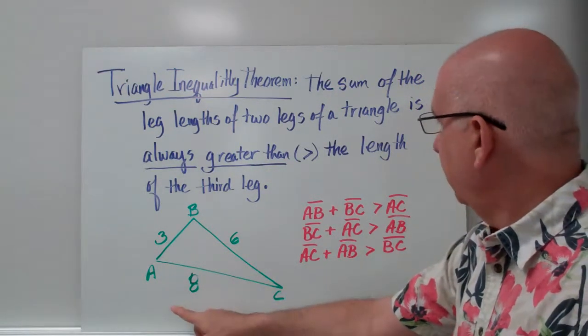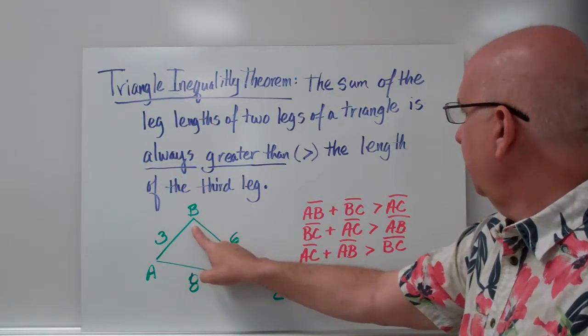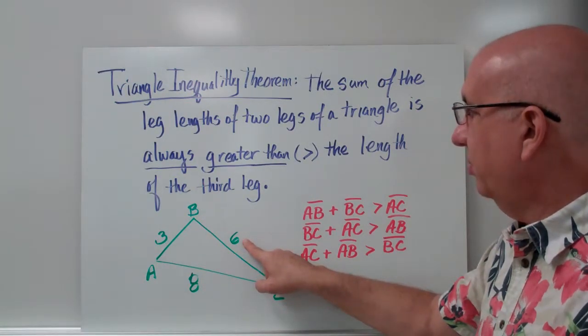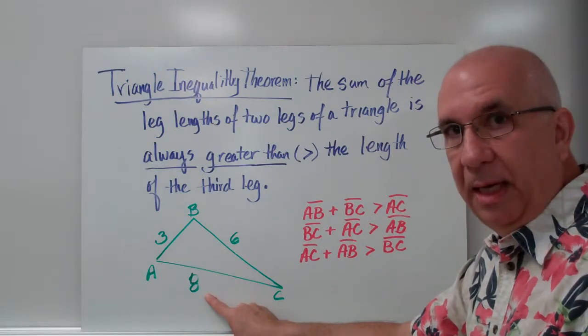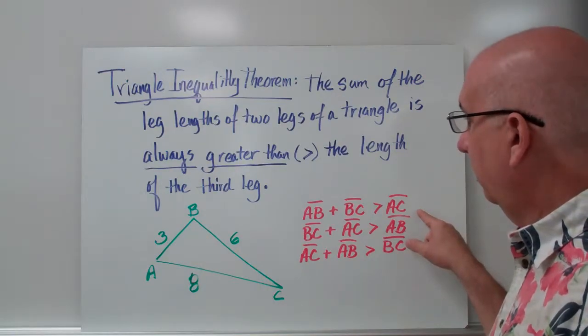If I add segment AB, the length of AB, 3, plus BC, 6, add those together, that gives me 9. That is always going to be greater than this third leg. So 9 is going to be greater than 8.